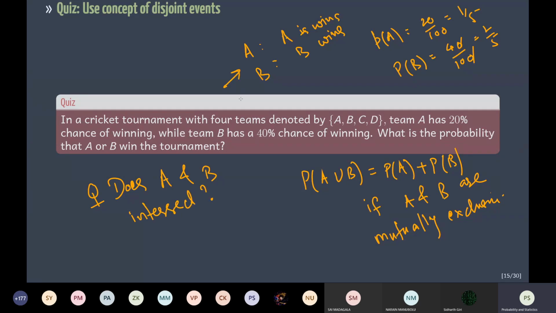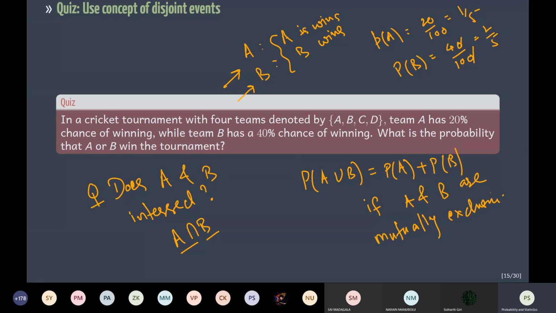Intersect here means: can it happen that both A and B are true? Well, it's a tournament, and assuming that we must have a winner, it will never settle in a draw. So in a tournament we always have some kind of winner.